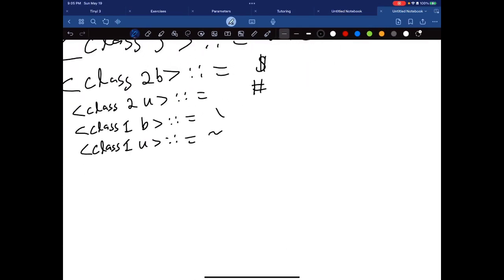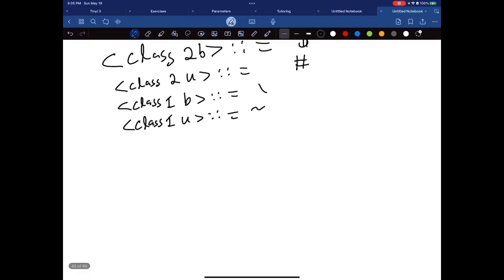Okay. And so what we need to do is match expressions to these operators, right? Where we would have expression 3, expression 2, expression 1, expression 0. So for the number of classes, there's going to be plus 1 expressions.